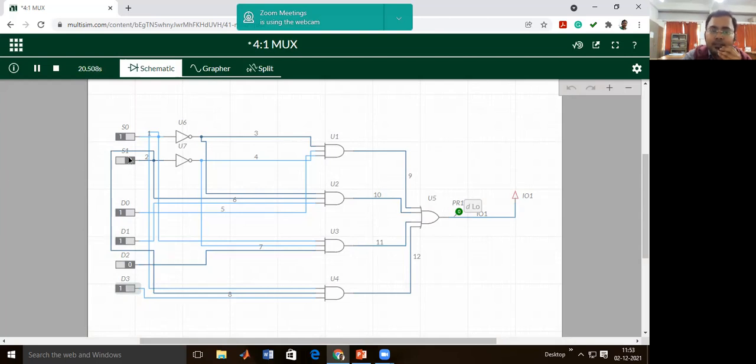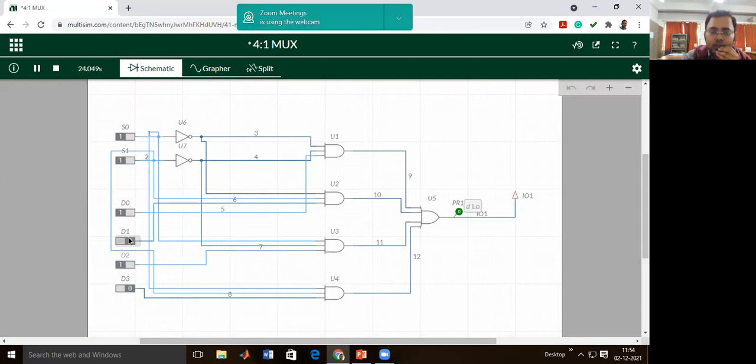Now the last case, both the select lines are 1, 1. As per the knowledge, D3 should be connected. If I change the D3 value, see the output changes: low, low, high, low. And whatever the others, there is no change.